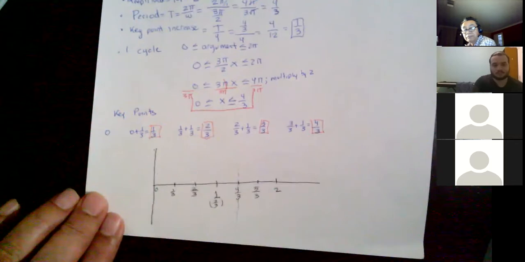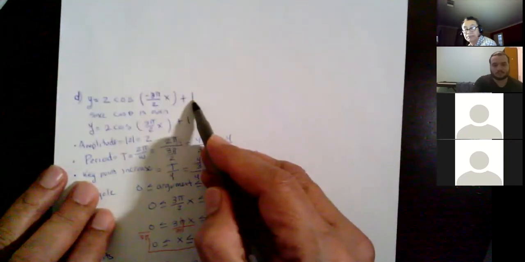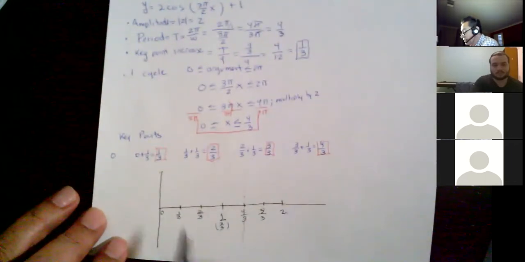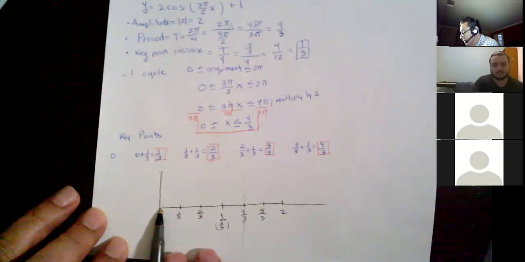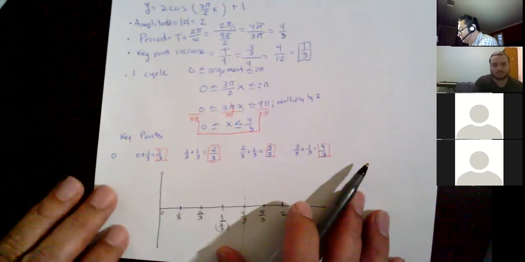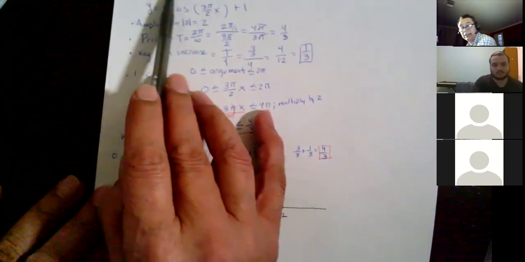Now, this is what I'm gonna do next. Next, I'm gonna take care of the vertical shift, which is this +1. So instead of starting at 0 at the origin, I'm gonna go up 1. Notice also the amplitude.